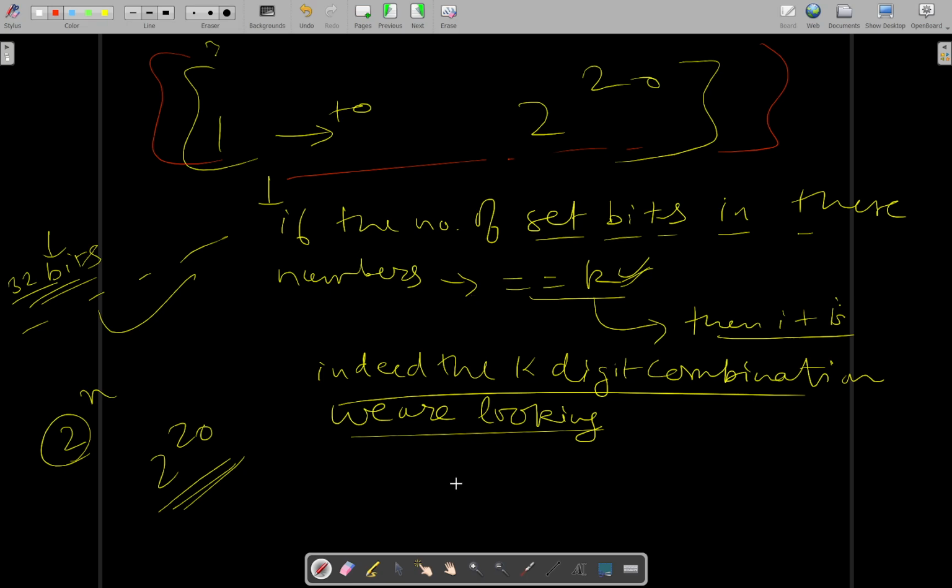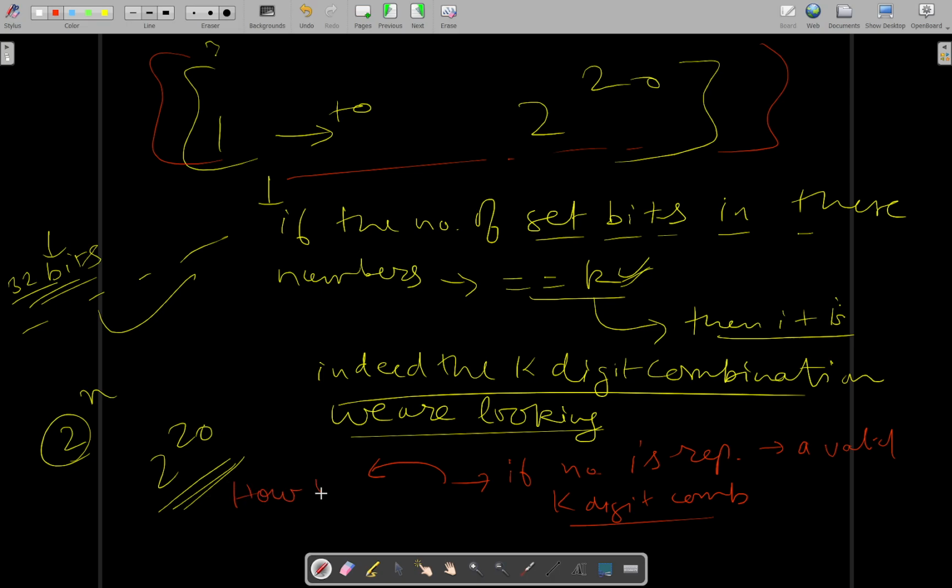And you may ask, okay, we will know if a number is representing a valid k digit combination, but how will we form that k digit combination from that number?